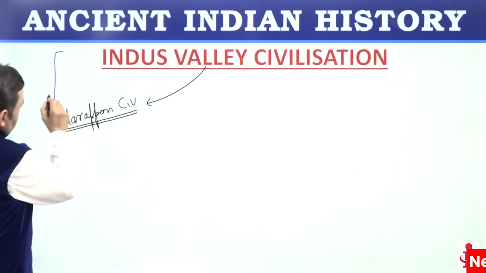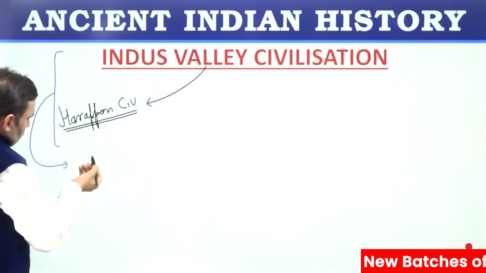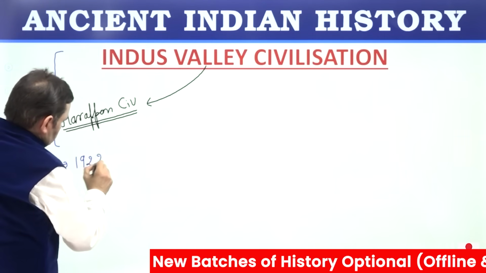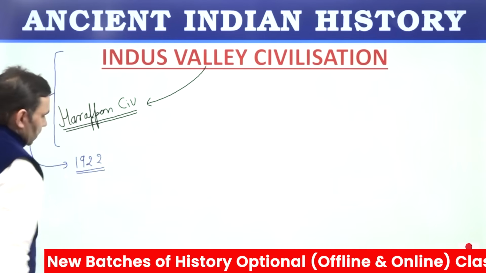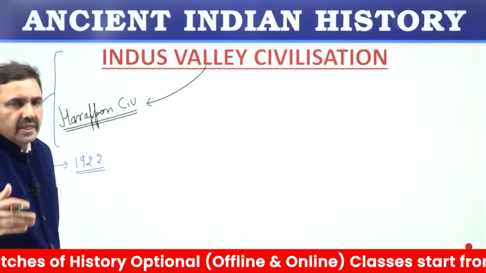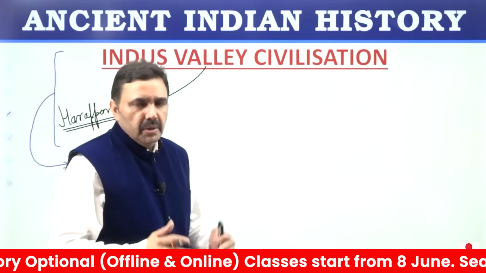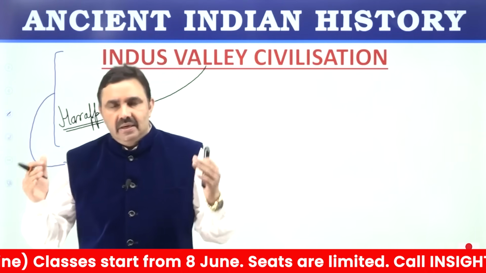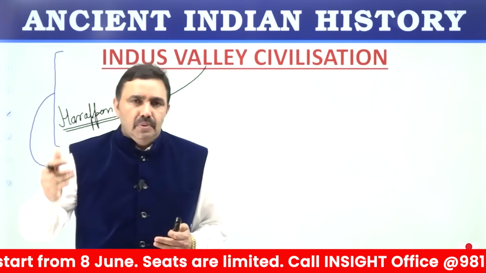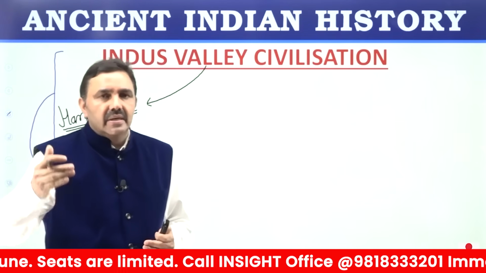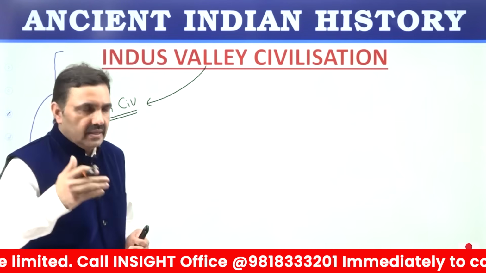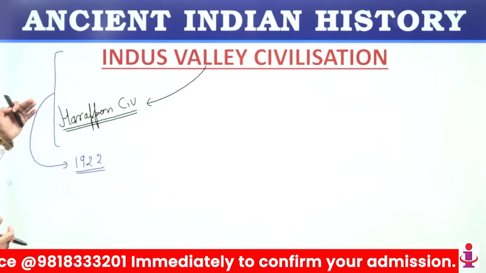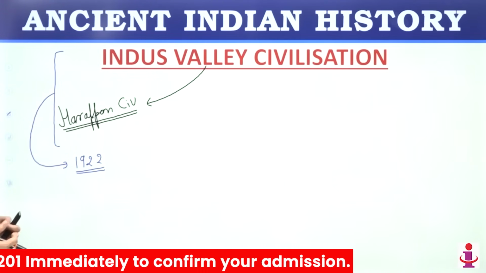This civilization was discovered in 1922. Though many evidences were found before 1922 also, in 1922, when excavations were being carried out at Harappa, some pots, some seals, some other remains of this great civilization were discovered. So this civilization was discovered in 1922.